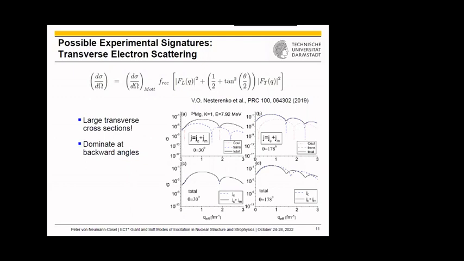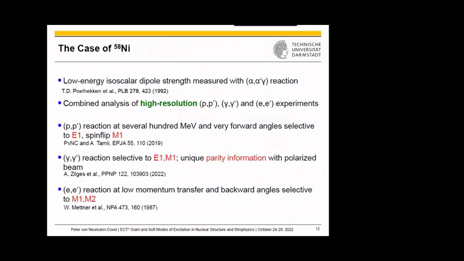Okay, now I want to discuss the case of nickel 58, because in nickel 58 we have a unique set of data which allows us to test these predictions. On the one hand, there was a study, which is actually a pioneering study. We heard yesterday a lot about doing alpha alpha prime gamma to study the isoscalar dipole response in the low energy region.